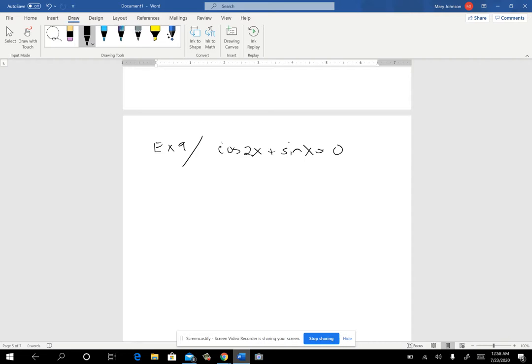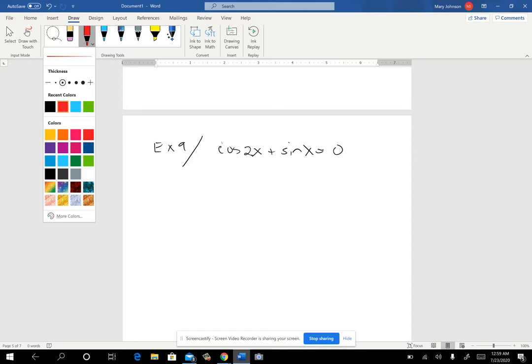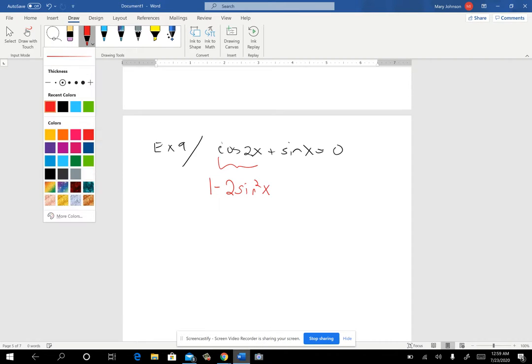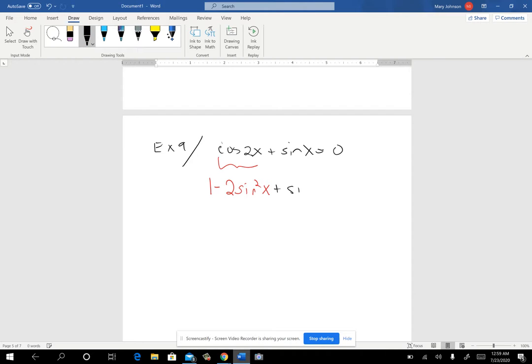You can look at your formula sheet and see that there's lots of different ways that you could replace the cosine of 2x, but I'm going to pick the one that involves only sine. So I know cosine of 2x is 1 minus 2 sine squared x. And then I already had plus sine x equals 0.